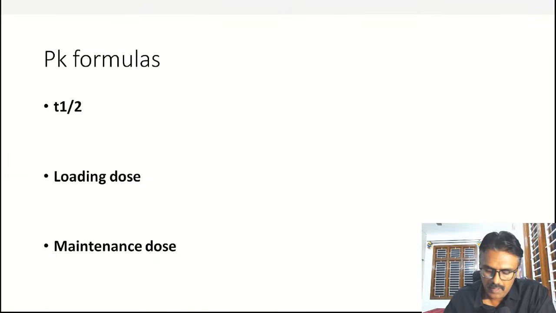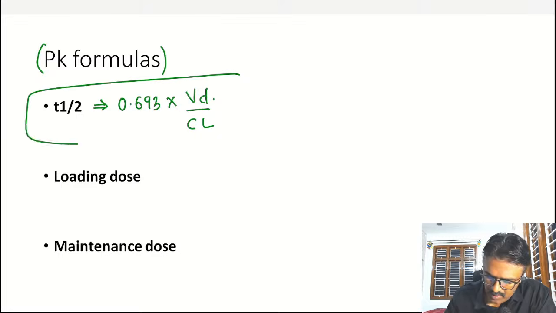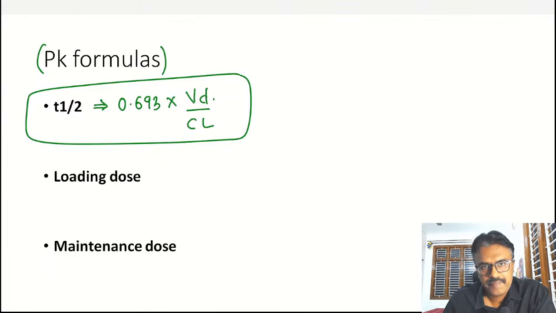Some pharmacokinetic formulas they can ask you, because recently there was a question: plasma half-life, T half, is given by 0.693 into volume of distribution divided by clearance. So these formulas will be useful.